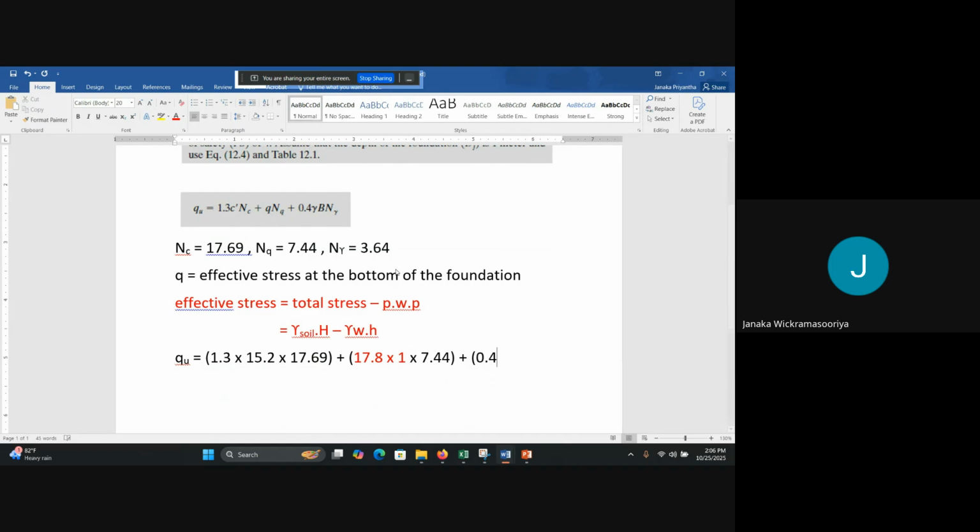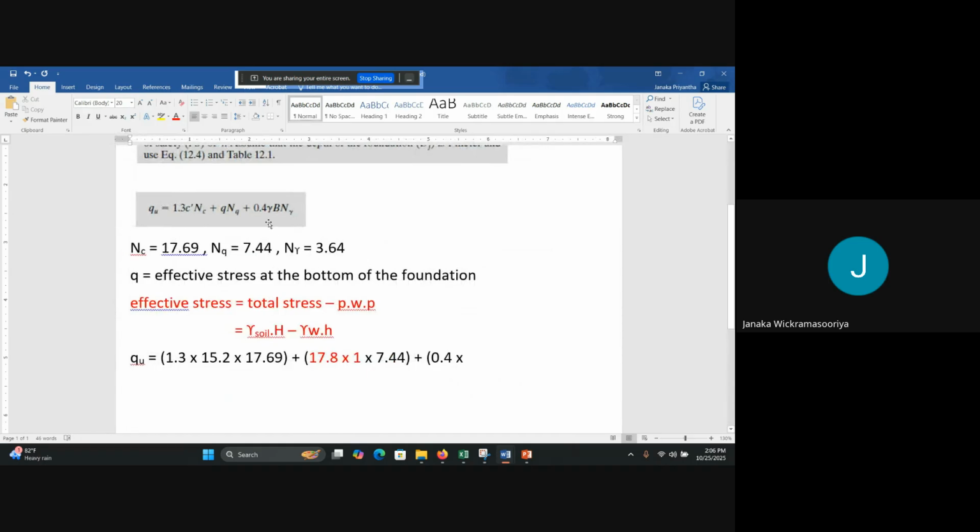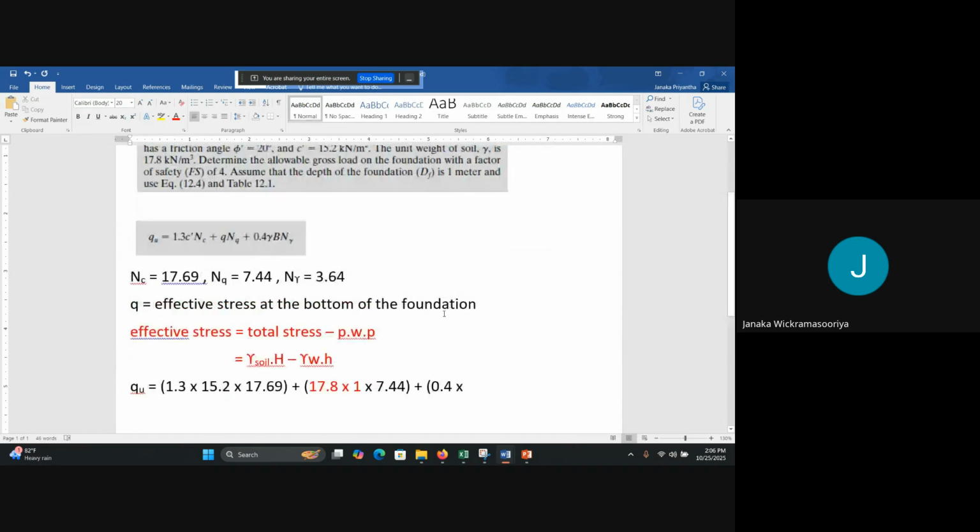Then 0.4 times gamma. Gamma is 17.8 times B. B is the width of the foundation, that is 1.5 times N gamma.